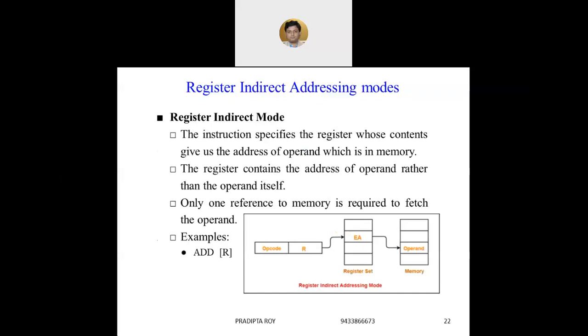Next, register indirect mode. Here, the register used in the instruction actually holds the address of the operand. That's why it is called register indirect.